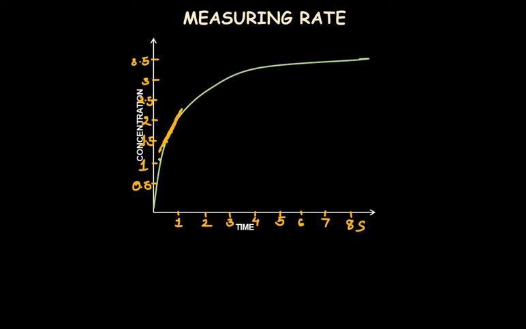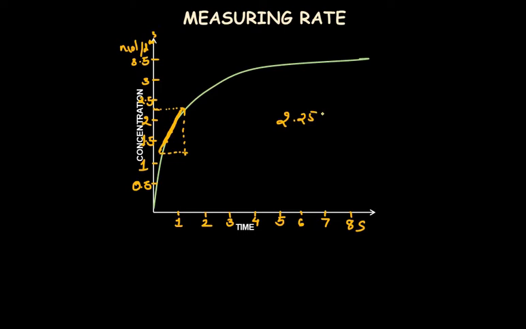Now I am not able to draw the tangent properly, but you can draw it with a scale and then find out the gradient of this tangent. Now the concentration is taken, suppose, in moles per dm cube. So if we calculate the gradient, then it is 2.25.